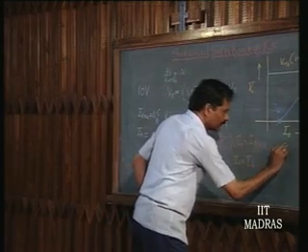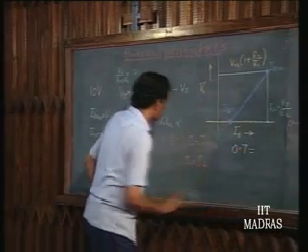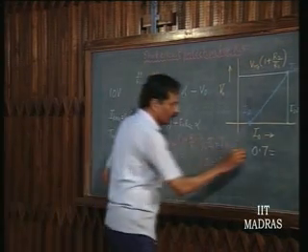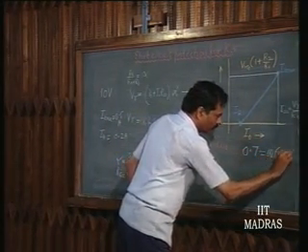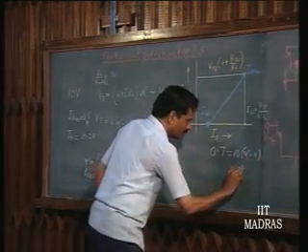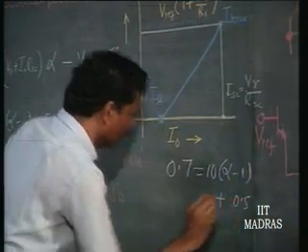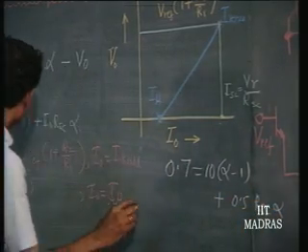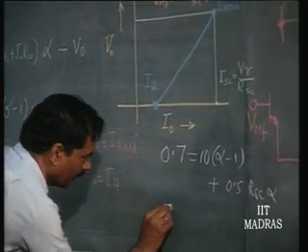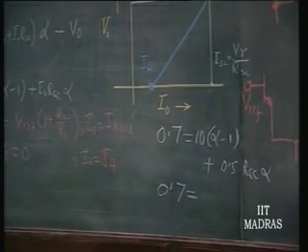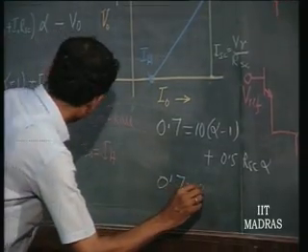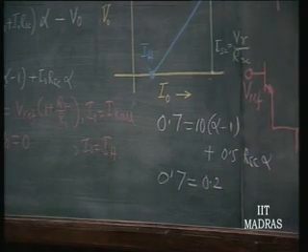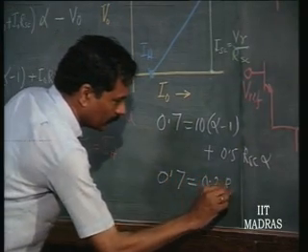So, V gamma is 0.7, let us take. V naught is going to be equal to 10 volts, alpha minus 1, plus I naught is 0.5 amperes, RSE alpha, and then V naught is equal to 0, again 0.7 equals I naught is I hold, which is 0.2 amperes, and then RSE.